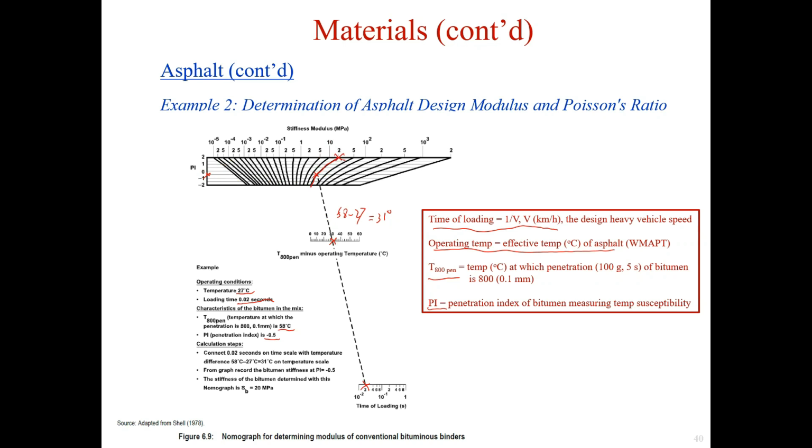We can see that the stiffness of the bitumen determined from this nomograph is SB equal to 20 megapascal. So that's the first step.